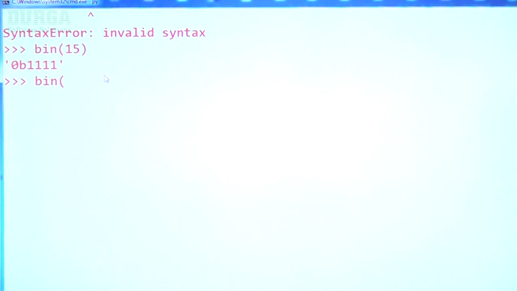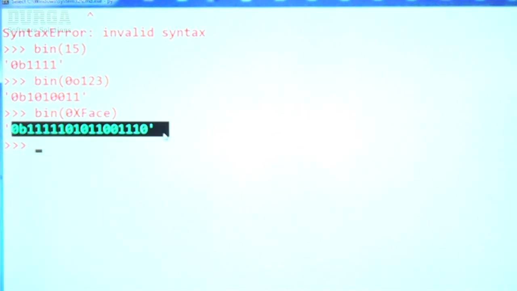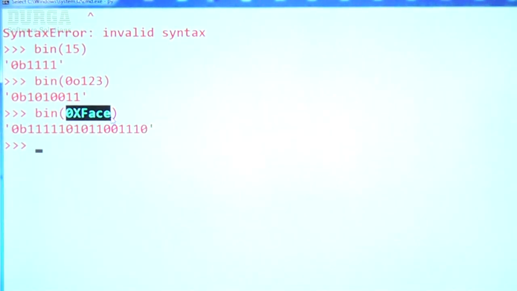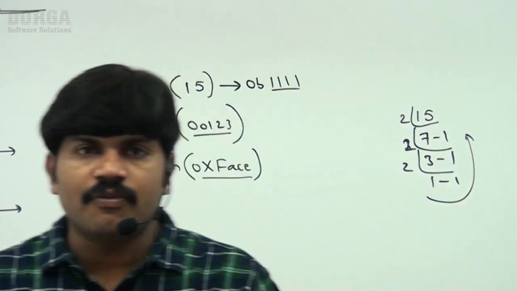Like bin of 0o123, the equivalent binary value is 0b1010011, something like that. Here, bin of 0xface, I am taking. Now this is the equivalent binary number for 0xface. Is it clear for all of you? So how to use the bin function, and what is the purpose of the bin function?